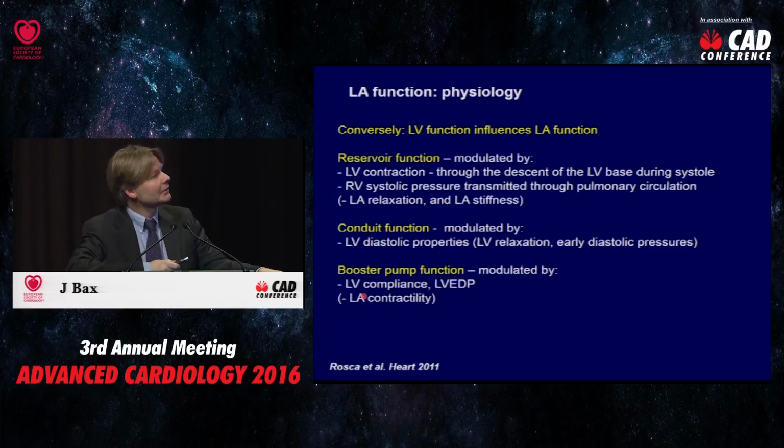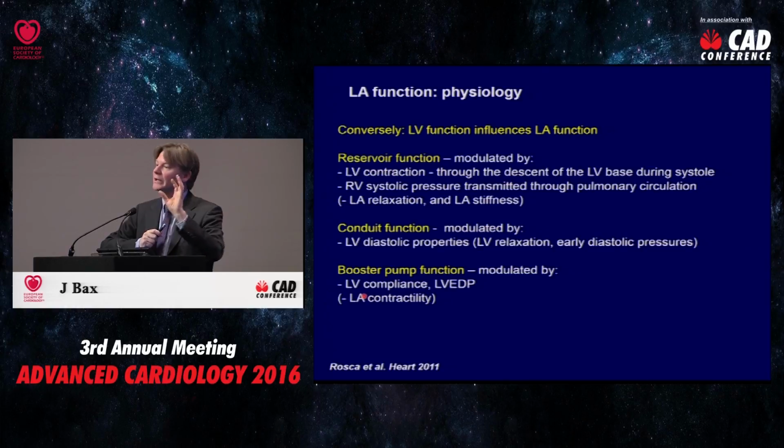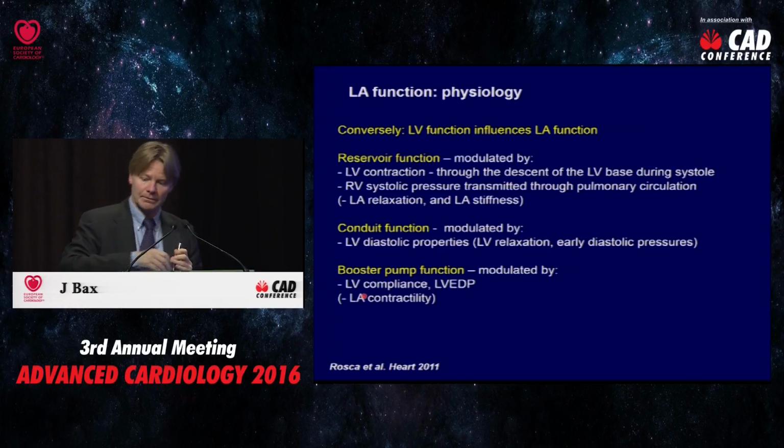All of that has an influence. The conduit function is modulated by LV diastolic properties, which is LV relaxation, early diastolic pressures. And finally, the booster pump function is also modulated by LV compliance and LV end diastolic pressure. So the atrium influences the ventricular function, and the ventricular function influences the atrial function.